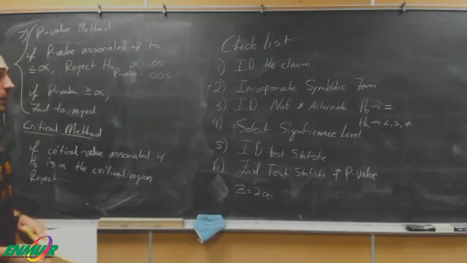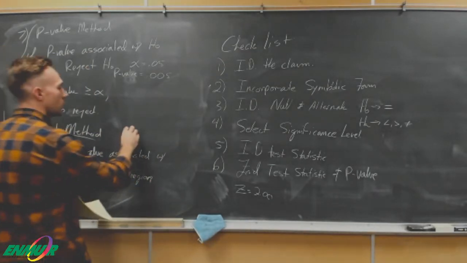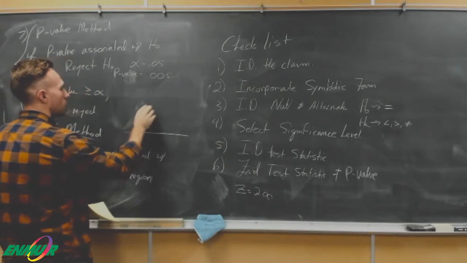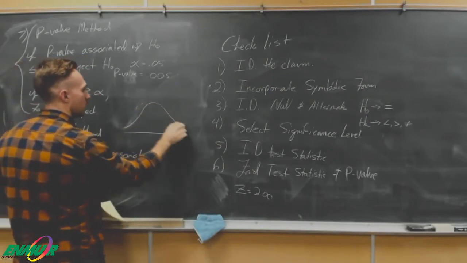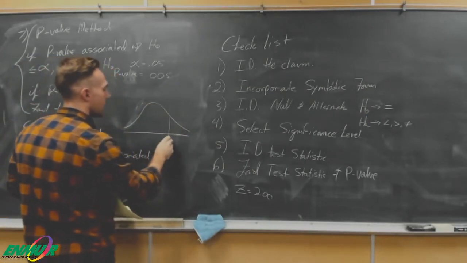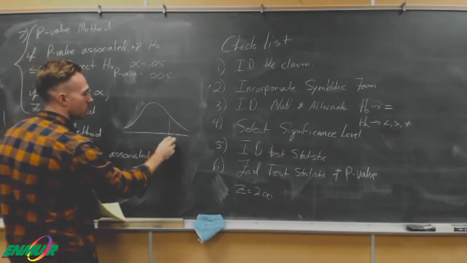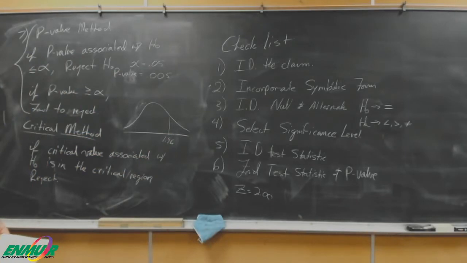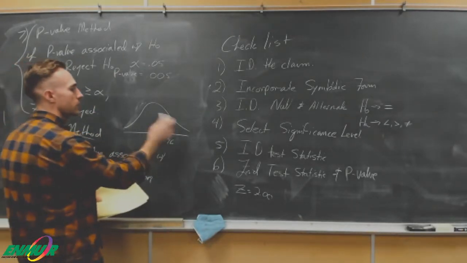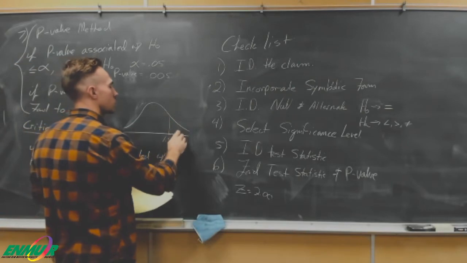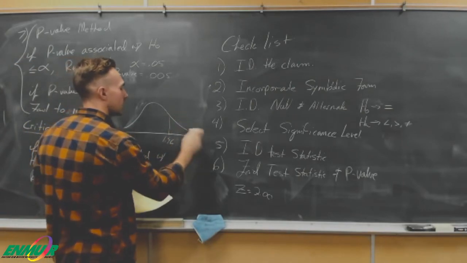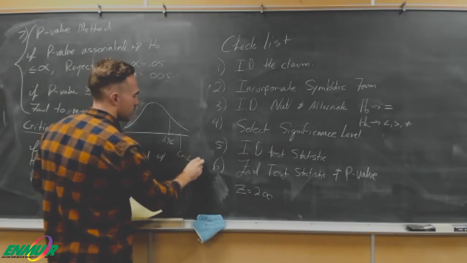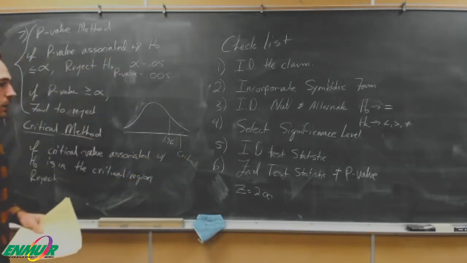again, let's say that we're doing a normal distribution, okay? And let's say that we have a z-value of 1.96, okay? We're going to get into a few more details here about which side is going to be considered critical, but let's assume that our left side is critical, okay? So we're going to say that this side is critical, and we'll get into how we decide that in a minute.